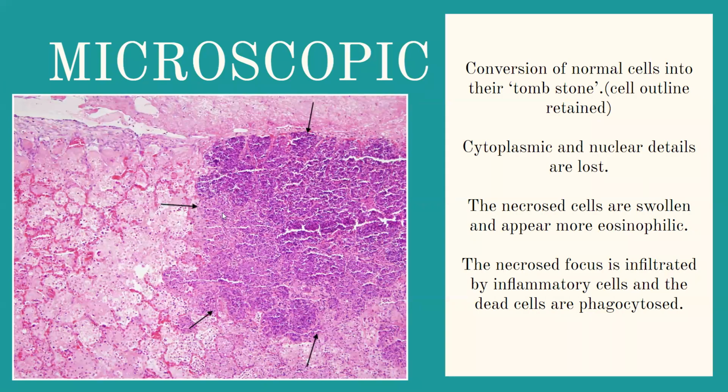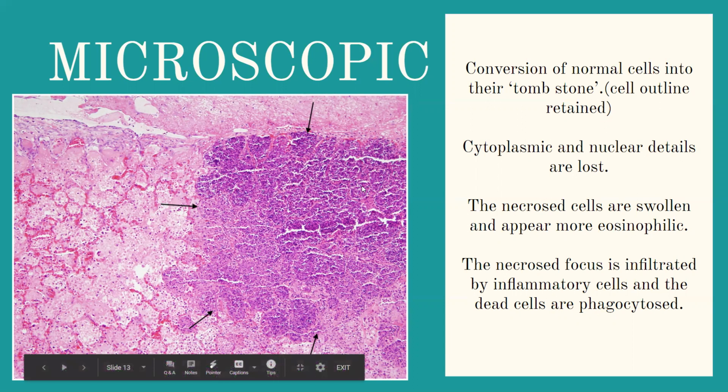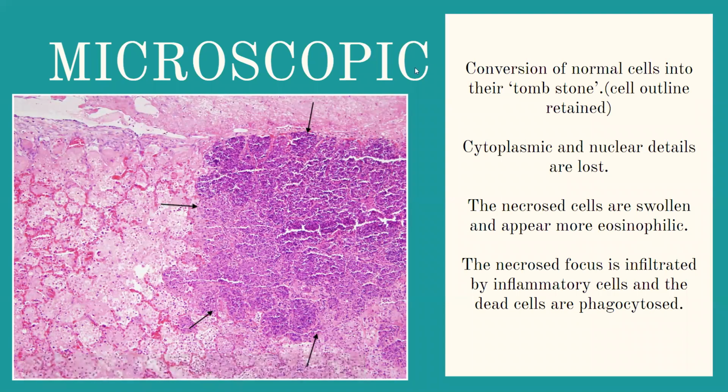So this is the microscopic appearance. So the normal cells are converted into tombstones. That is, the cell outlines are only retained, whereas the cell details are completely lost.